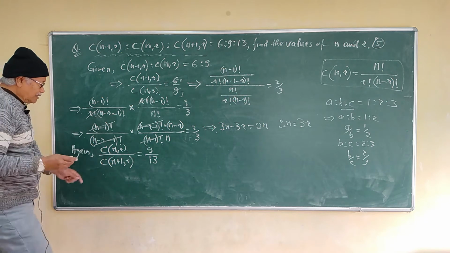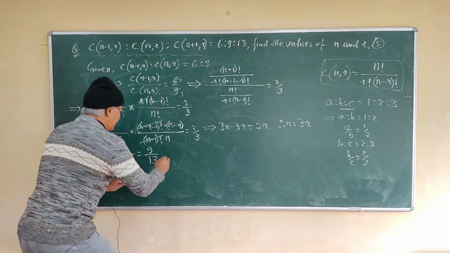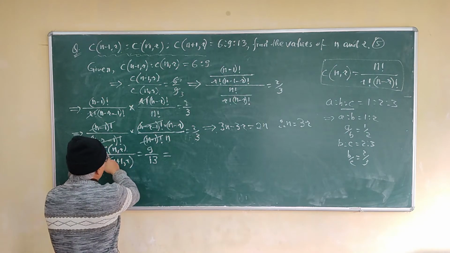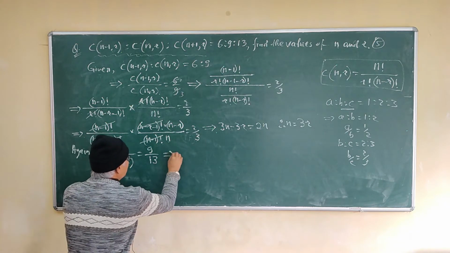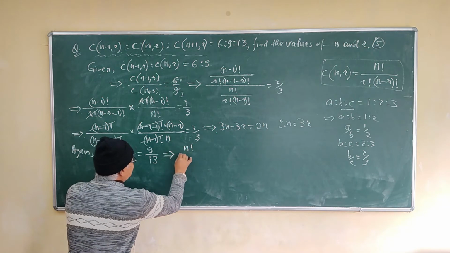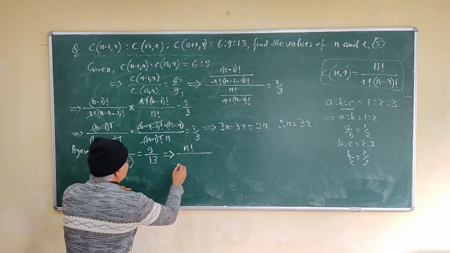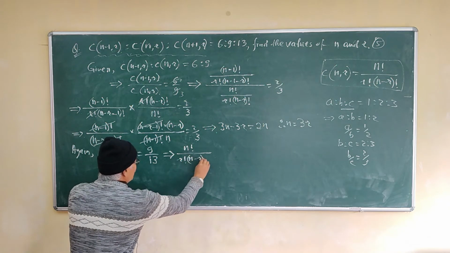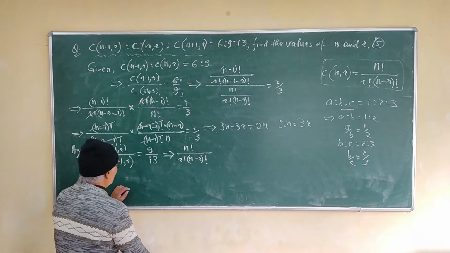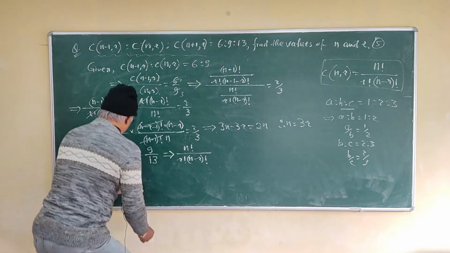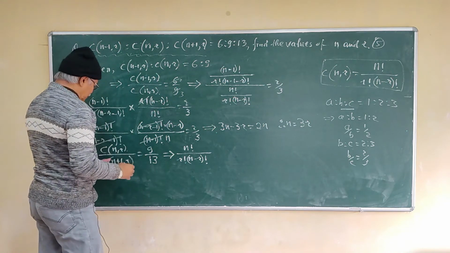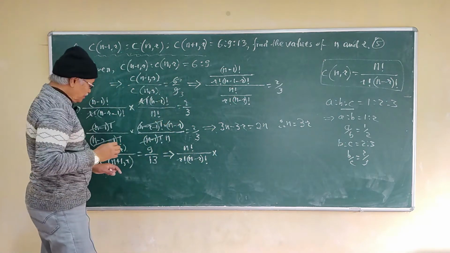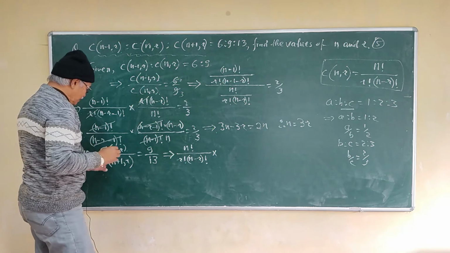As you know this, you write what this is all about. I shall write this Cnr as n factorial, then r factorial, and n minus r factorial. That's right? Now n plus 1 factorial, I hope you will not be confused, I am going to write that down.